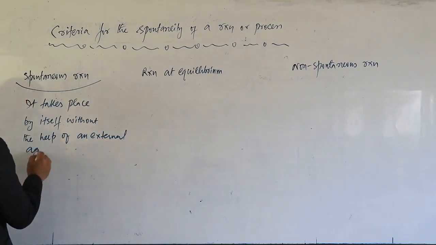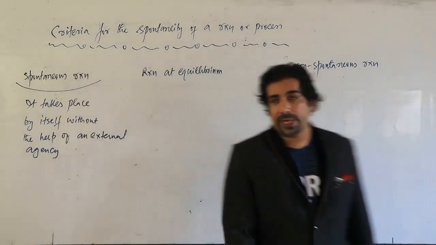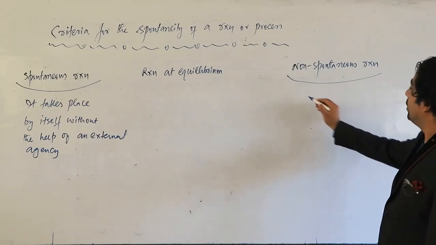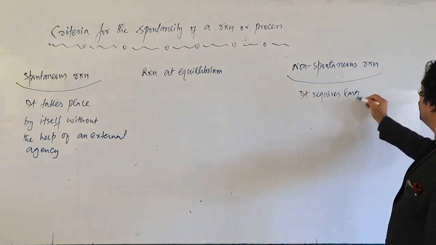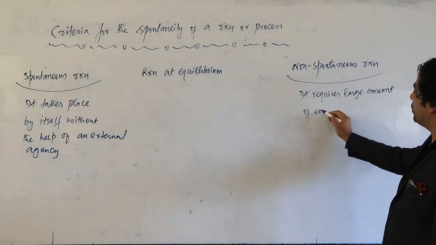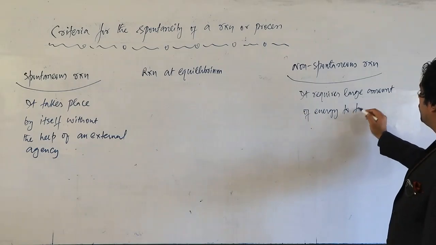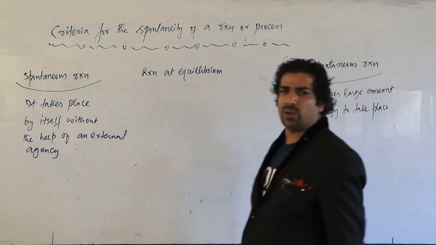I have already discussed this thing in detail. And what is a non-spontaneous reaction? It requires a large amount of energy to take place. It does not take place by itself. It requires a large amount of energy.